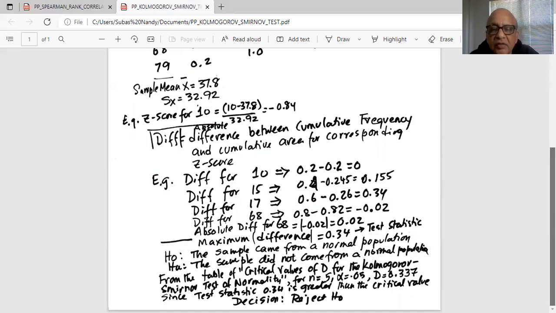Since the test statistic, the maximum value 0.34, is greater than the critical value of 0.337, the decision is reject H0. That is, we reject the null hypothesis that the sample came from a normal population. And we can state at alpha equal to 0.05, there is enough evidence to state that the sample did not come from a normal population.